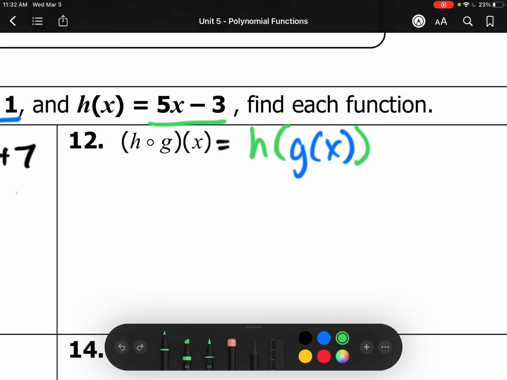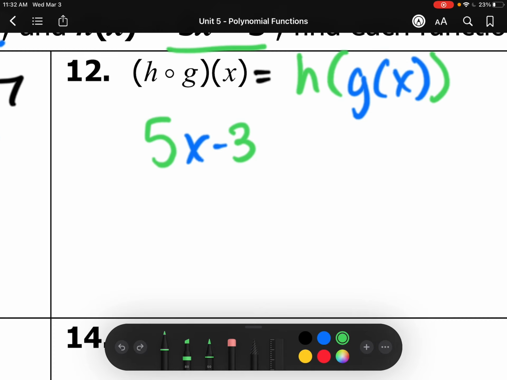So I'm going to take function h, which is 5x minus 3, and I'm going to replace this x right here with function g. So I'm going to color code that x blue so you understand what I'm doing, right? So I'm replacing this x with the function for g.